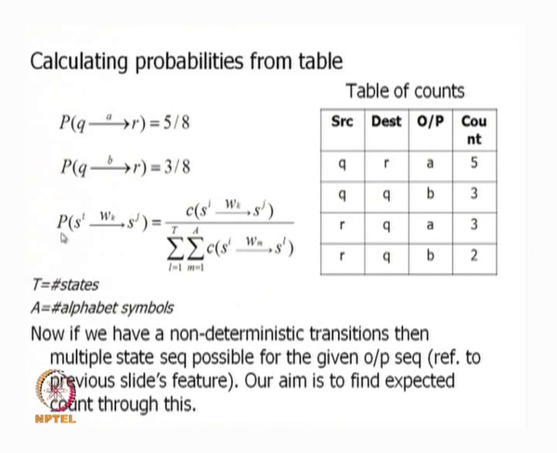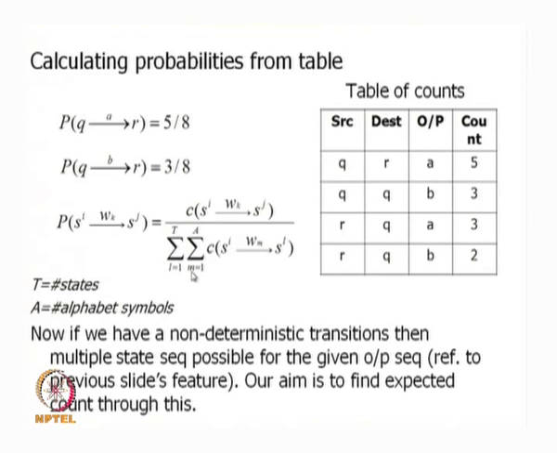So, in general, the probability of a transition from S i to S j with symbol W k is the count of S i to S j with W k, the number of times this occurs, divided by the total number of transitions from S i to any state with any symbol.